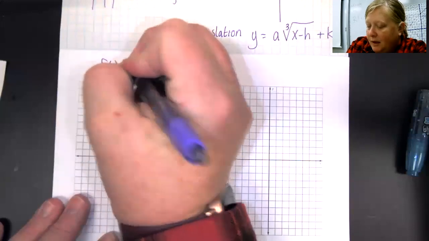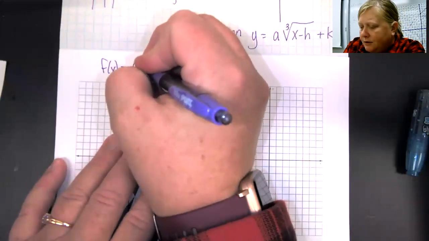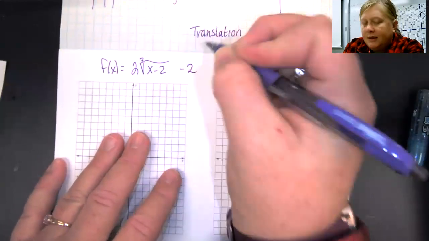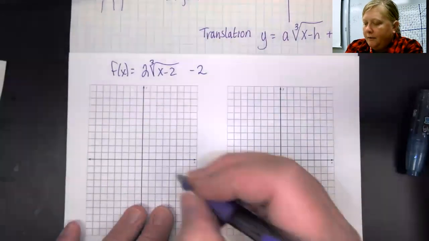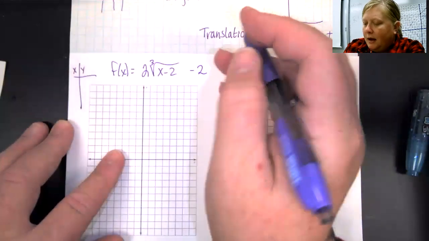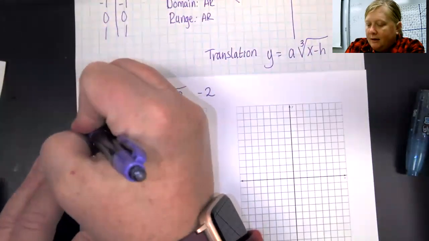f of x equals, I'm going to start out with an easy one. I'm going to do 2 cube root of x minus 2, minus 2. Same thing: x, y, and my new points because of the cube root are -1, 0, and 1.